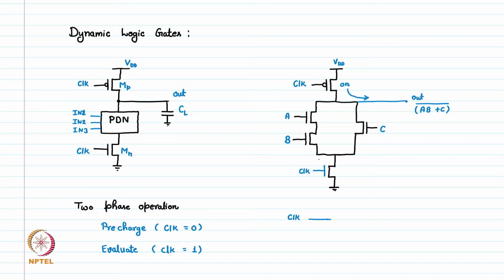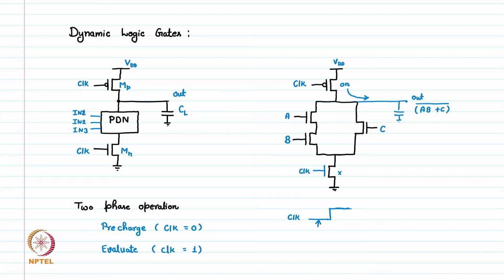At that time, because the clock is low, this NMOS is off. It means this output node cannot discharge to ground. So whatever charge is coming from VDD will charge the output node capacitance. We have a certain capacitance at this point, which is going to pre-charge this output node.